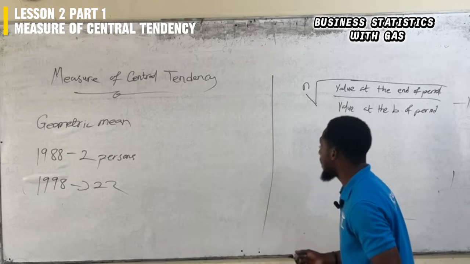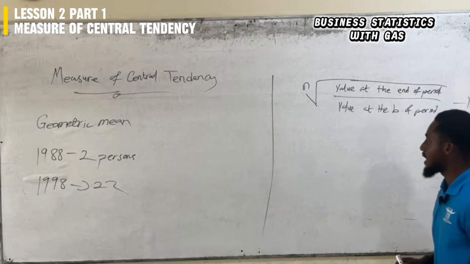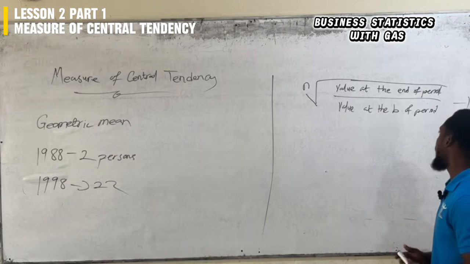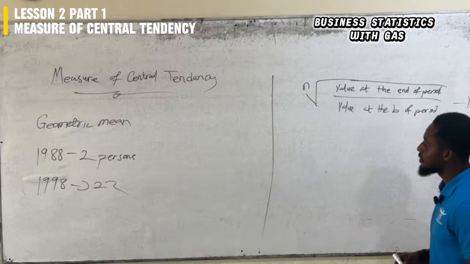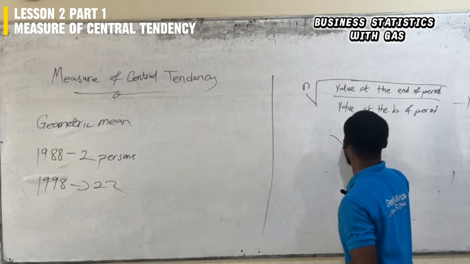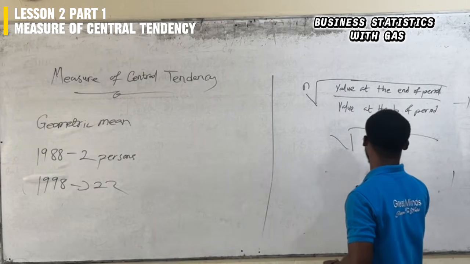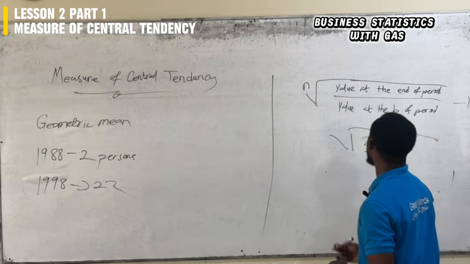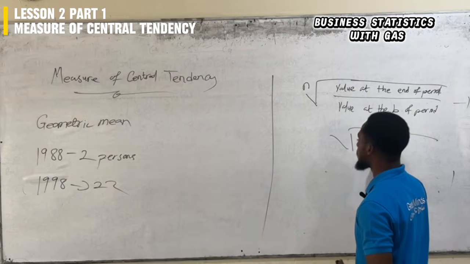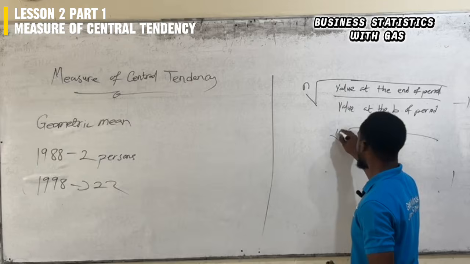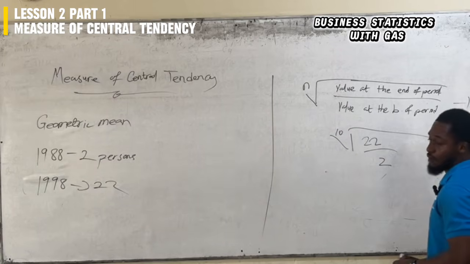1998? So now, as usual, we use our formula here. The value at the end of the period is 22, and the value at the beginning of the period is 2. We have our n to be 10, then minus 1.